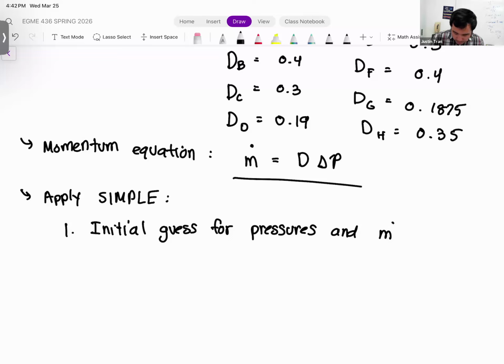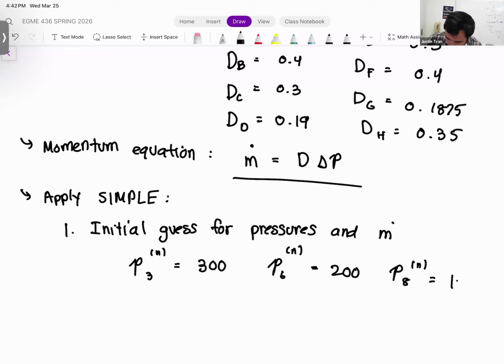Okay, so for this problem, let's start with our initial guesses for pressure, right? So let's say P3 at n, our initial guess for P3 is going to be 300. For P6, our initial guess is going to be 200. And then for P8, our initial guess is 120.